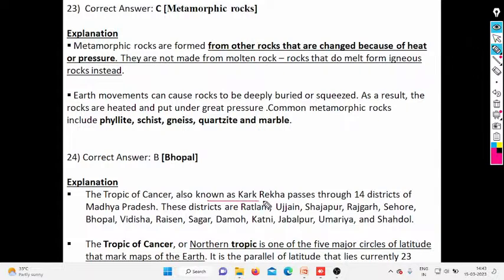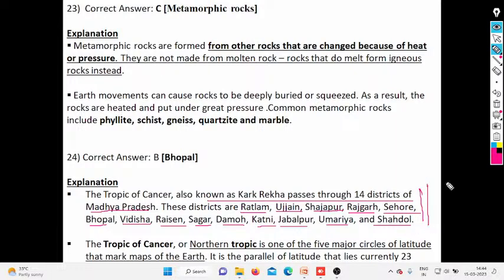The Tropic of Cancer, also known as Kark Rekha, passes through 14 districts of Madhya Pradesh. These districts are Ratlam, Ujjain, Shajapur, Rajgarh, Sehore, Bhopal, Vidisha, Raisen, Sagar, Damoh, Katni, Jabalpur, Umaria, and Shahdol. These are the 14 districts.